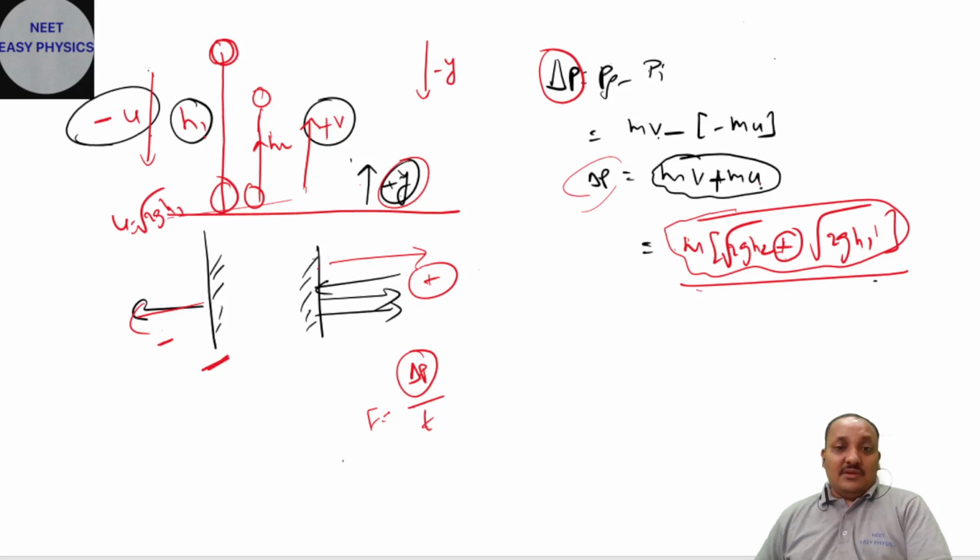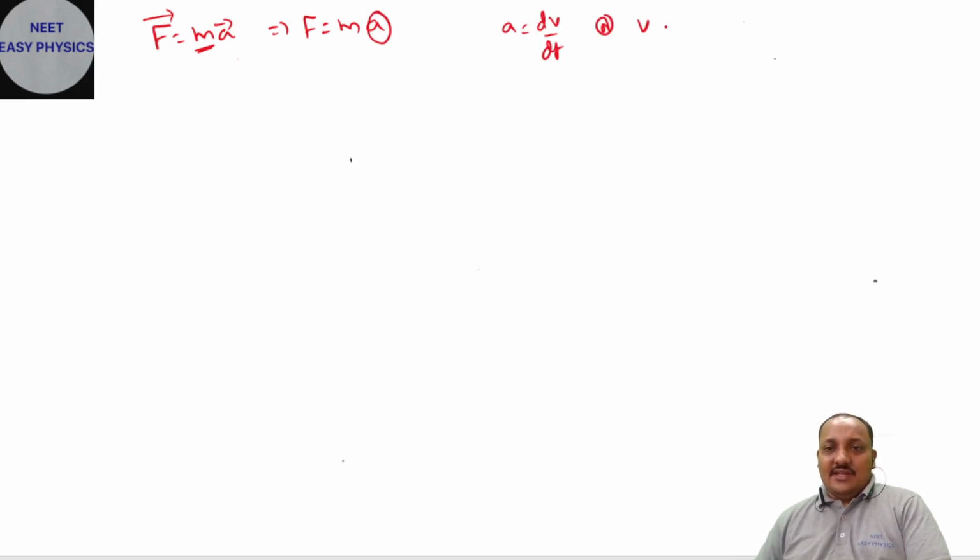But don't remember force only as F equal to ma. F equal to ma is correct only in the case of constant mass. Now, how is acceleration going to change? Acceleration we will get as two terms: one is dv by dt, another one is v dv by dx. How will they ask a question from this?